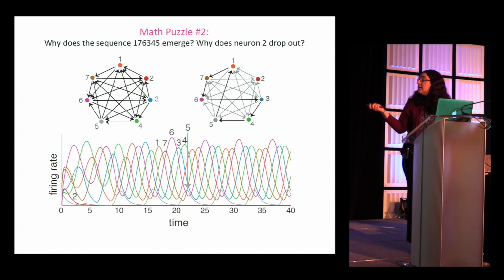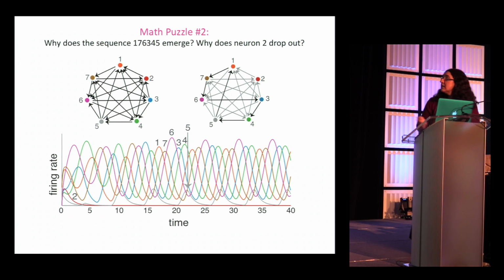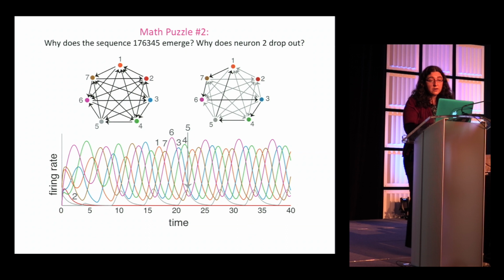And because areas in hippocampus like CA3 are recurrently connected, somehow you must imagine that sequences can arise even if you don't have a chain-like architecture, like in this case, just from the recurrence. So how does that happen?